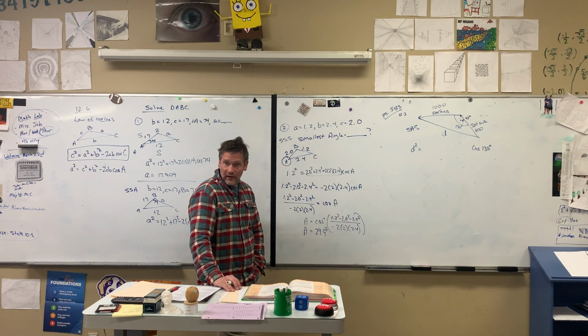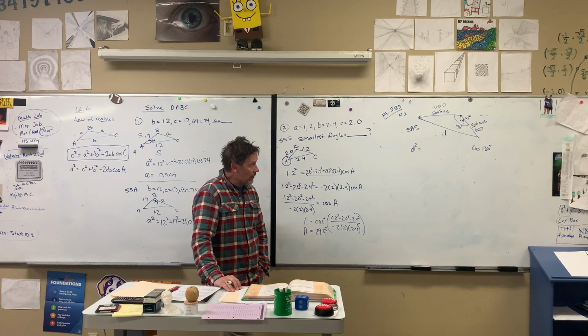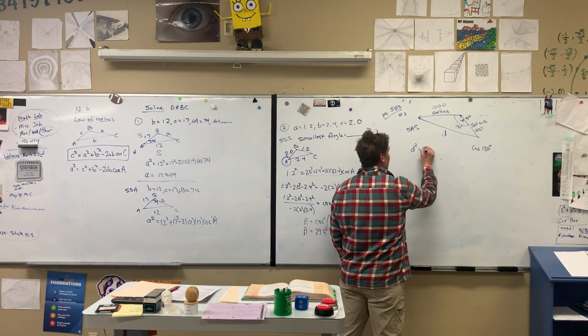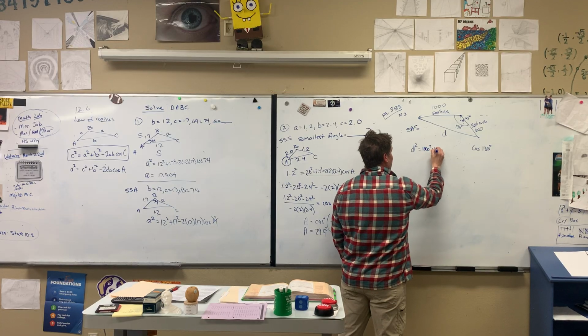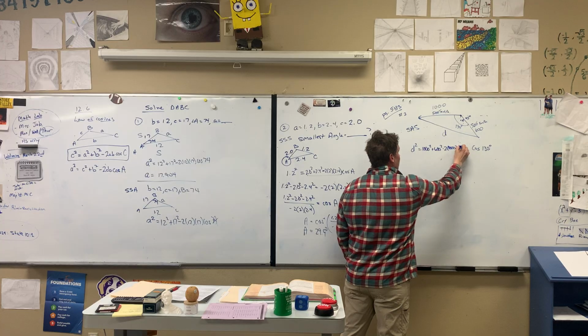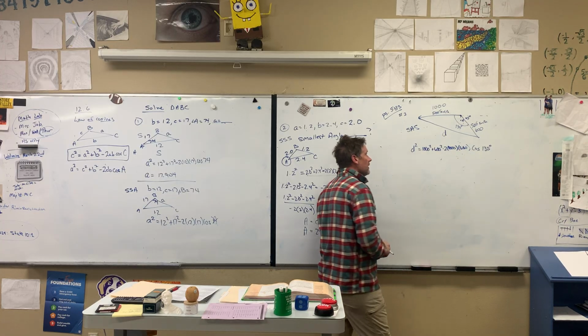Then we just fill in the sides that we're missing, which would be the 1,000 and the 600, right? So then we go, okay, 1,000 squared plus 600 squared minus 2 times 1,000 times 600, like that, all right?